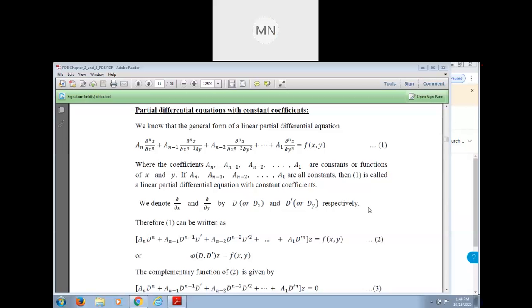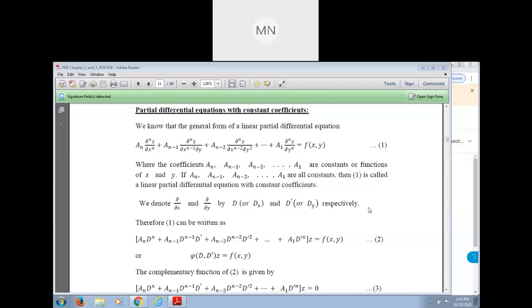Next, t equals to small t equals to del 2z divided by del y square, because you have to differentiate with respect to y twice.